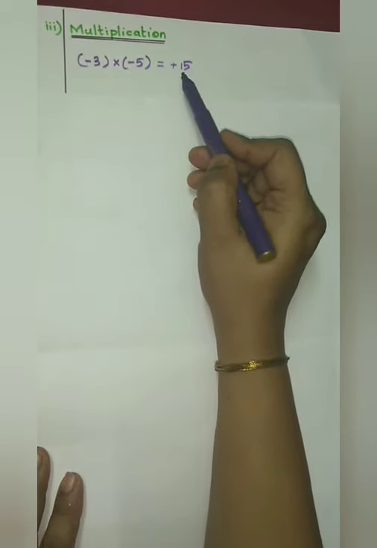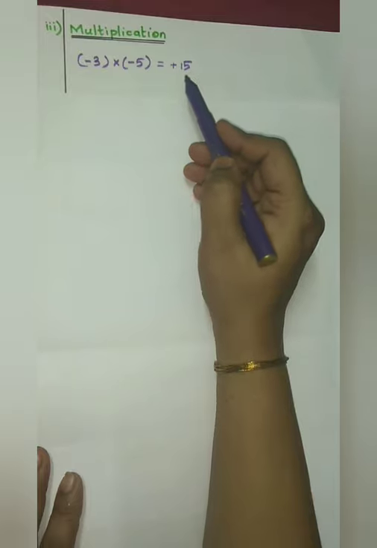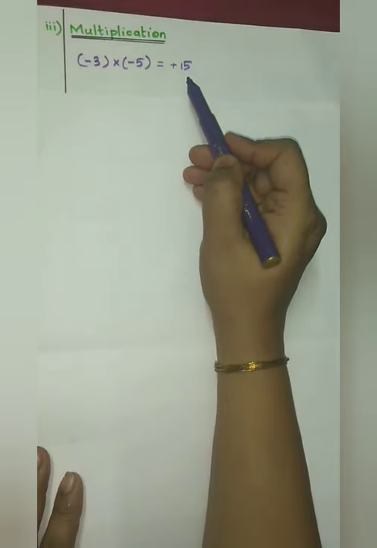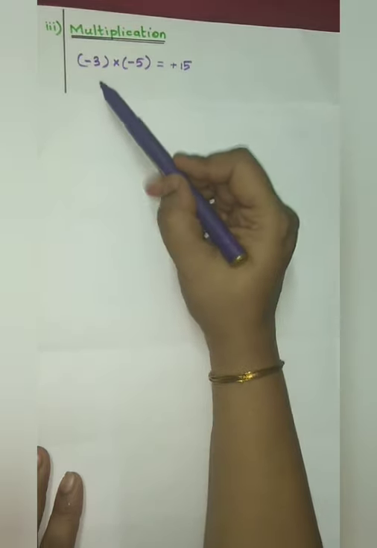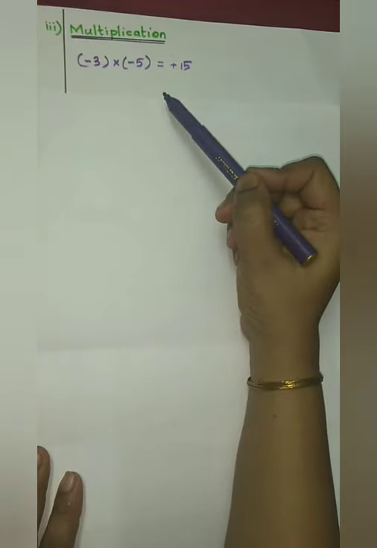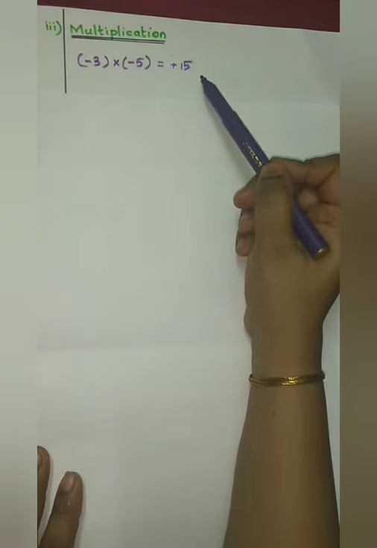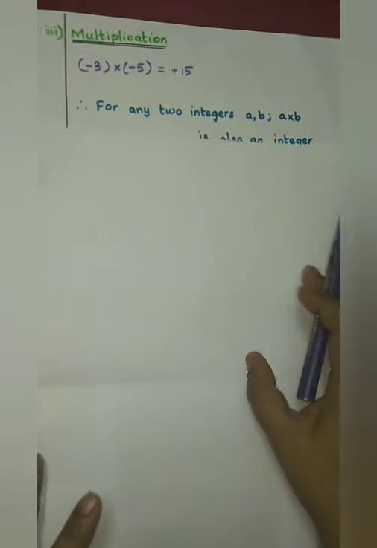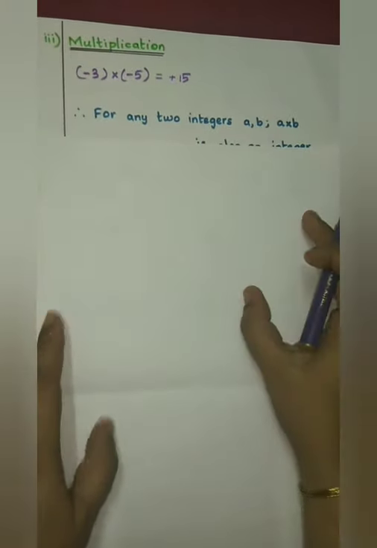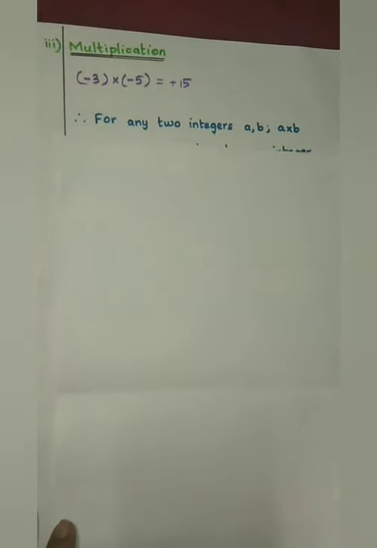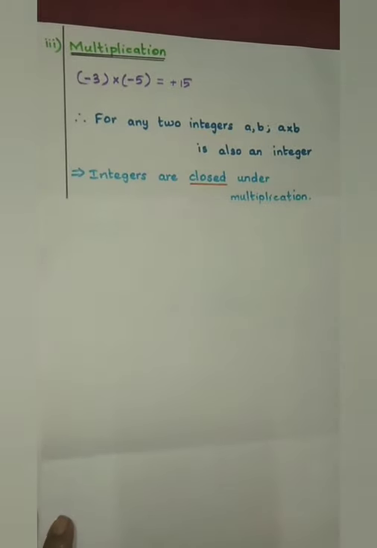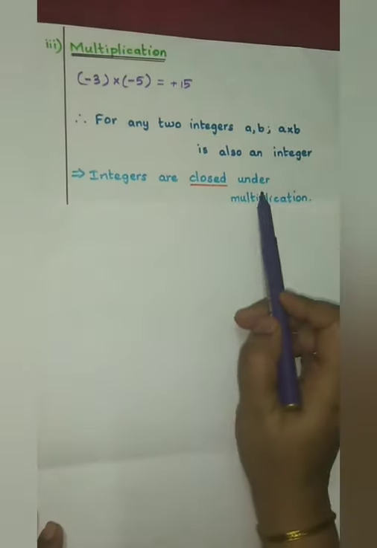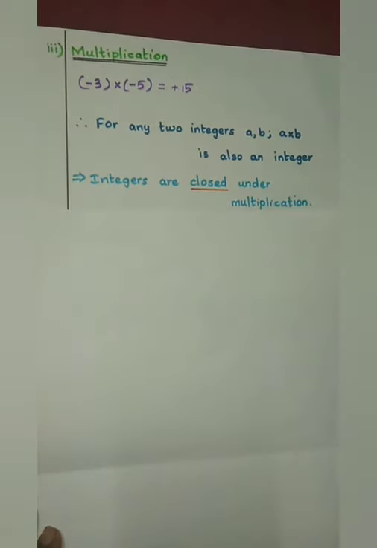What about this 15? Is it an integer? Yes, 15 is also an integer. So, the product of any two integers is also an integer. Therefore, for any two integers a, b, a into b is also an integer, which implies integers are closed under multiplication.